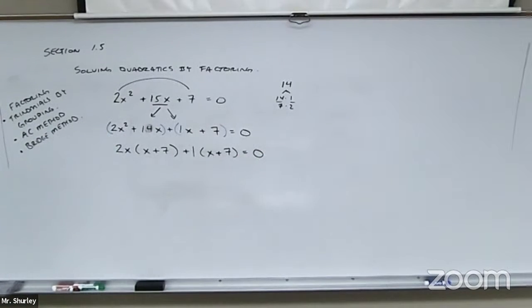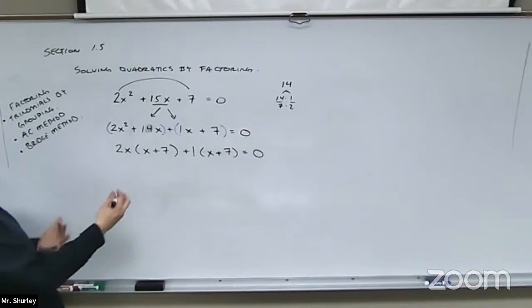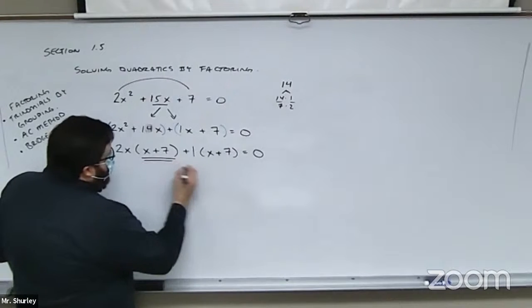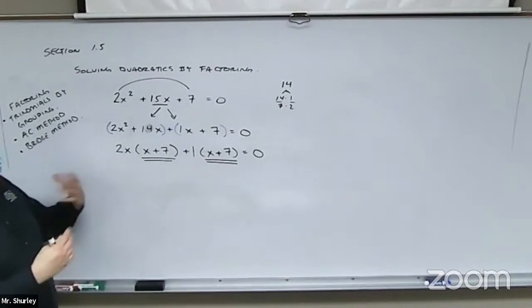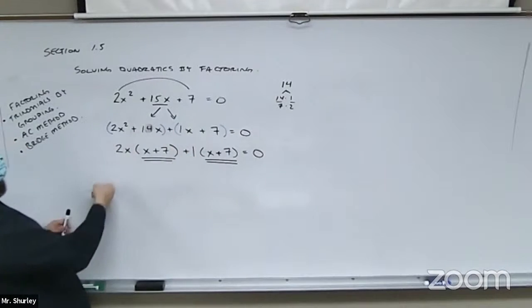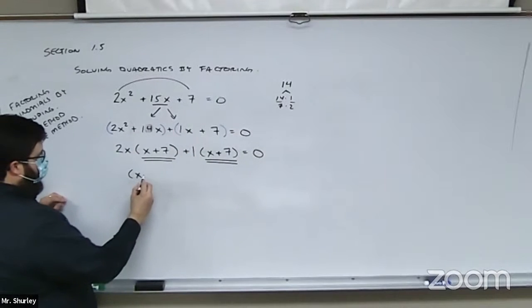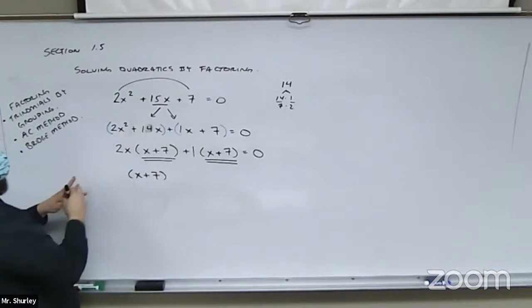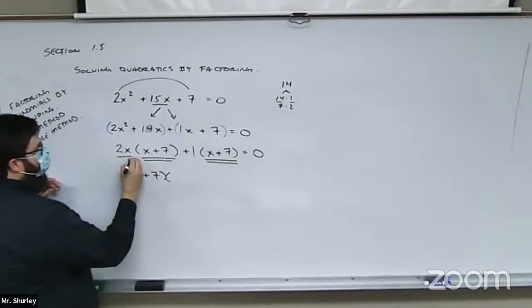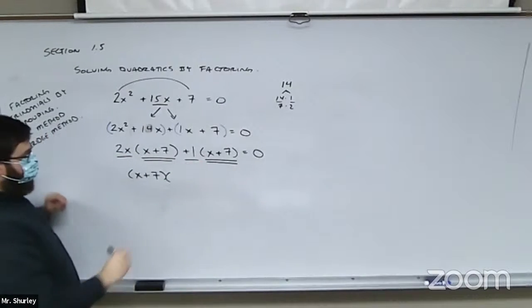Okay. And then we're going to do basic factoring here. Look, this x plus 7 is actually our factor. It's a common factor. It's like if it was z, you would factor it out. Look, if I factored x plus 7 out, I would be left with 2x and positive 1.